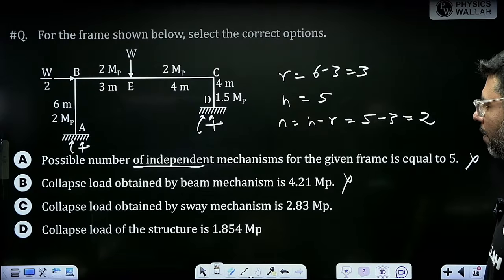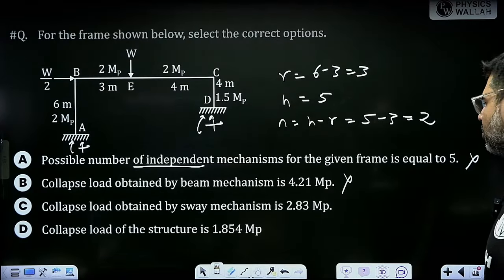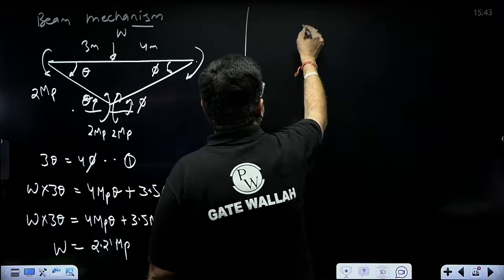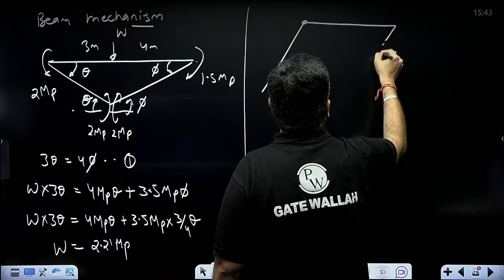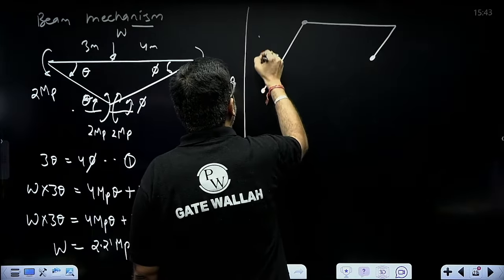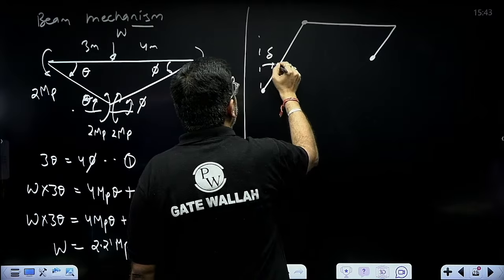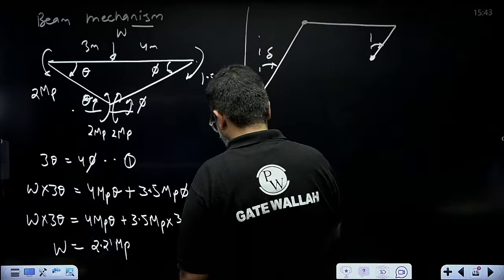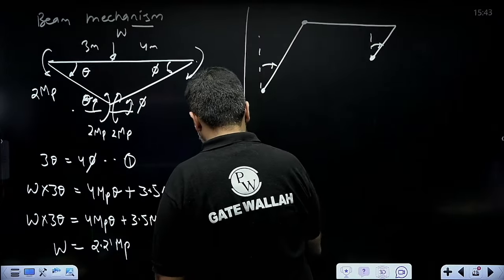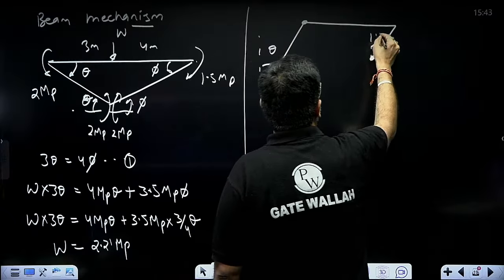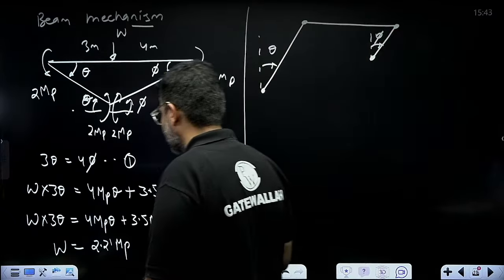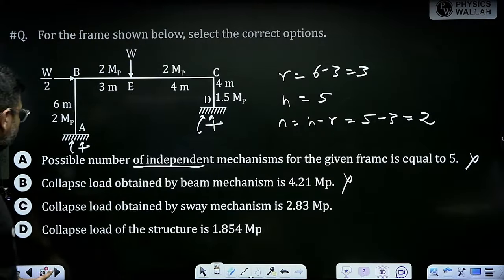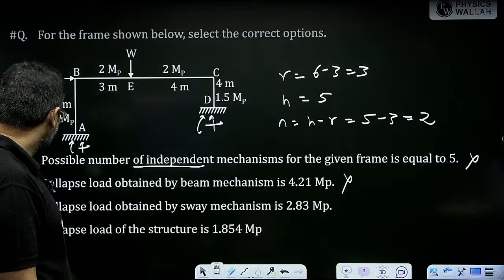Collapse load obtained by sway mechanism is how much? For sway mechanism, take the collapse load. This is my sway mechanism now. If this is delta or this is theta, that is phi, take theta phi only. Interesting question. 6 and 4, 2 MP, 1.5 MP.